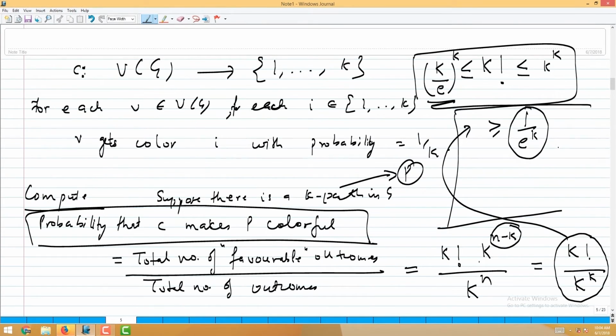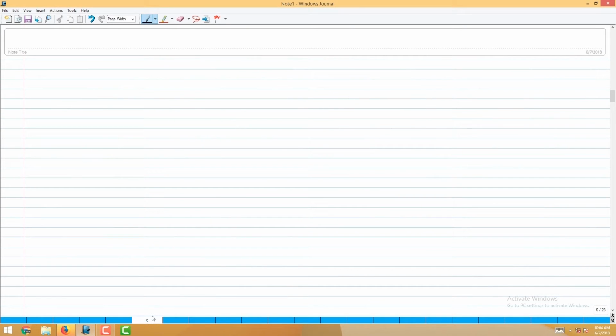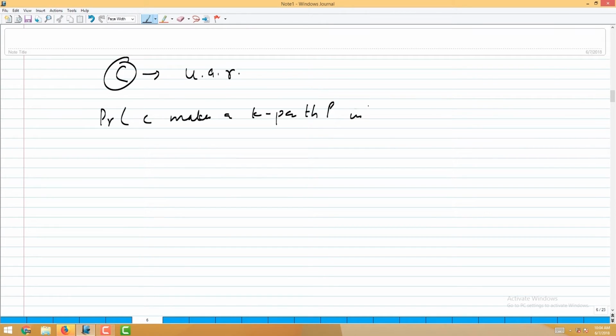This is clear. Let me go to the next slide. What have we done? We chose C uniformly at random. C was the coloring, a random experiment, and we know that the probability that C makes a k-path P in G colorful is at least 1 by e power k.